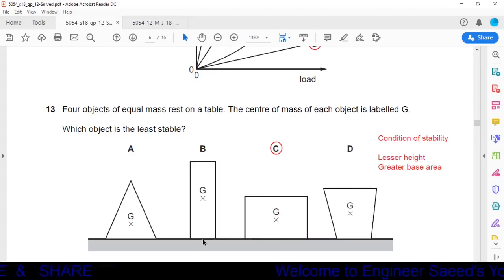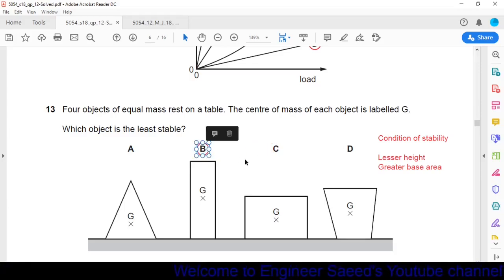With the decrease in base area, it will be less stable. So here base area is less, height is more, so option B is the least stable. So option B is the correct answer, not C.